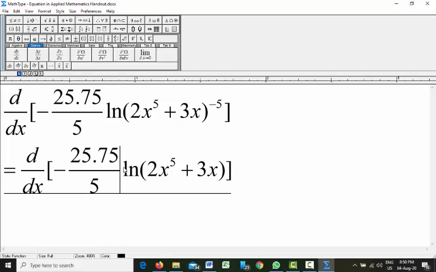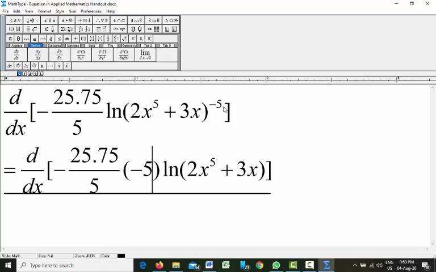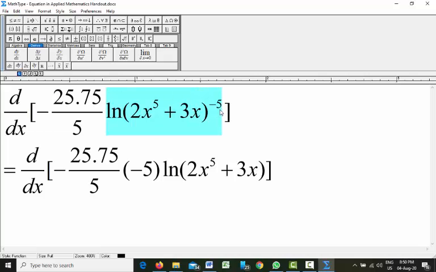It should move behind ln. So the power should move behind ln. So like this. Now let us simplify again.